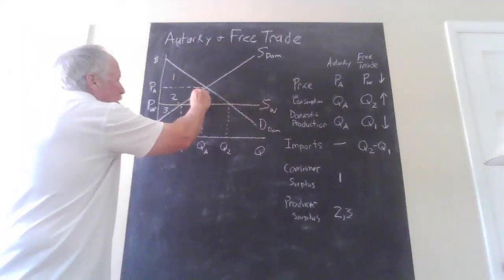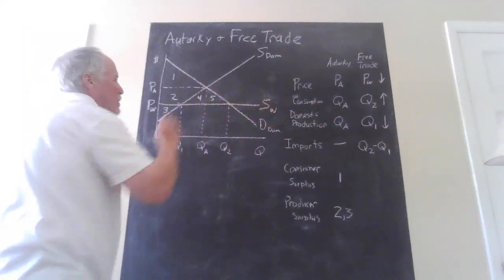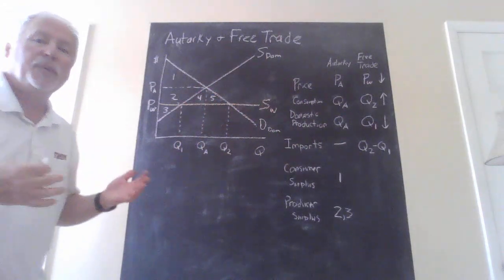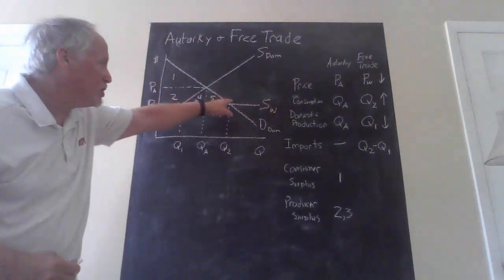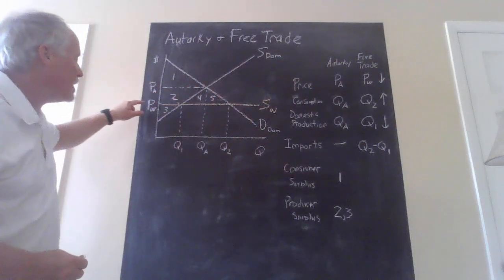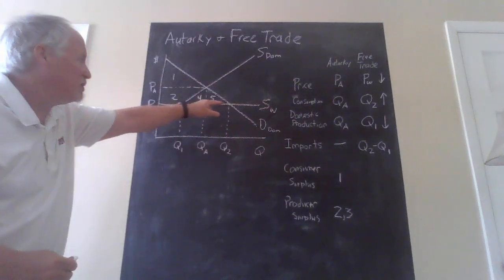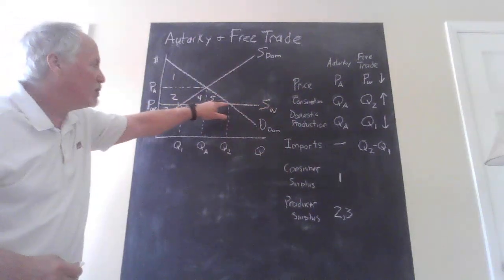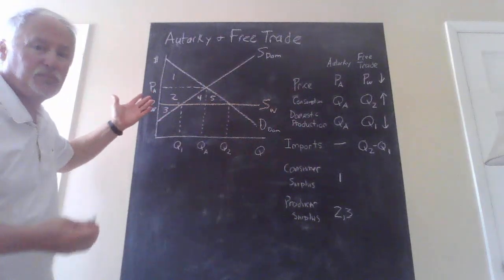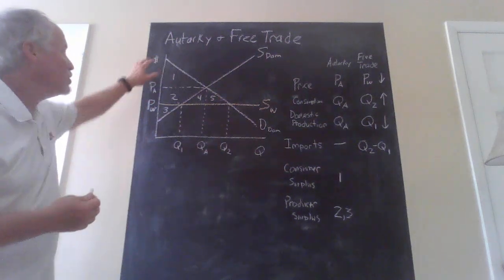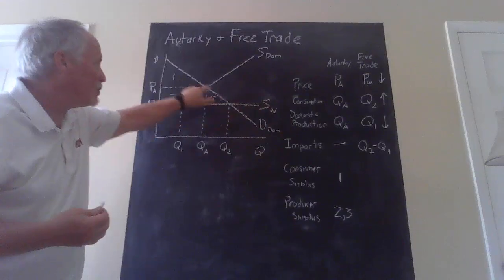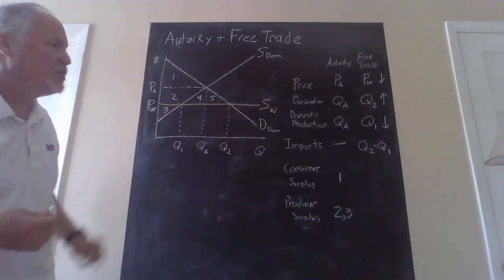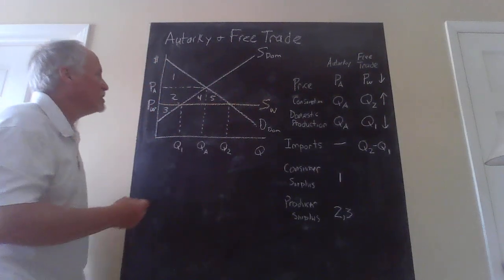All right, so now we have to figure out what the consumer and producer surplus will be. And for this, I've got to label a couple more areas here because we've got some more consumer surplus. The definition for consumer surplus is the area that's below the demand curve and above the price. But now in the free trade equilibrium, the world price is PW. So that's the price that consumers get to buy at. So all of the area, this is still a triangle, that's below the domestic demand curve and above the PW price line is consumer surplus.